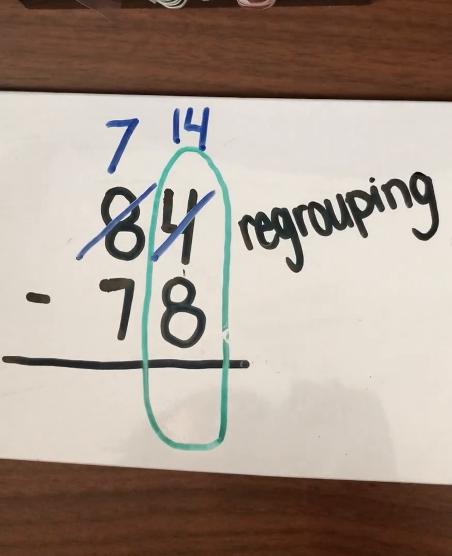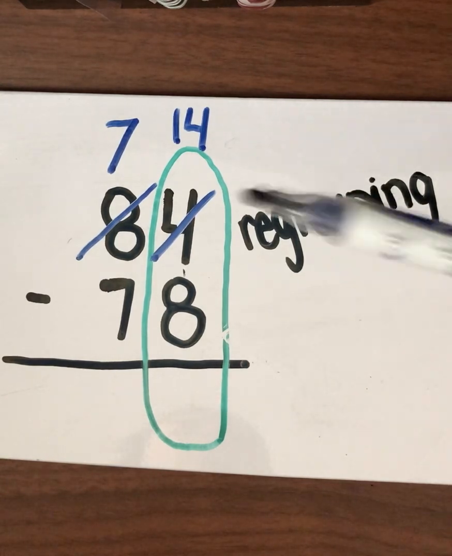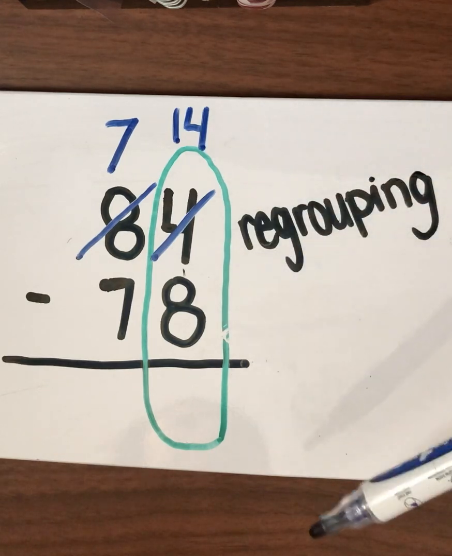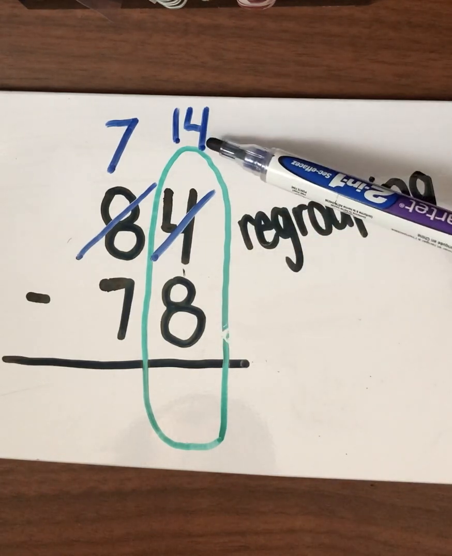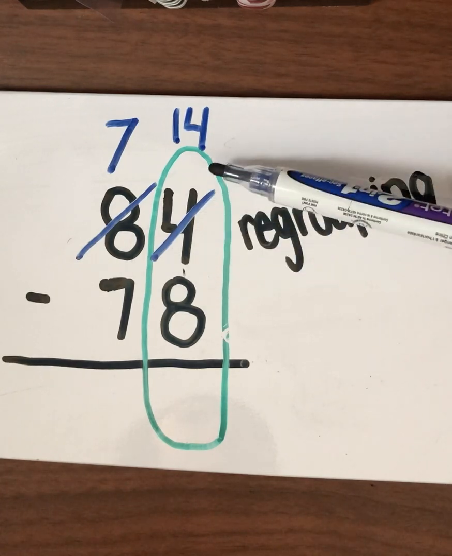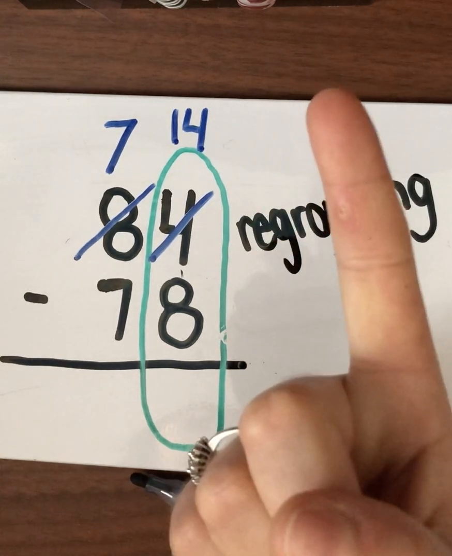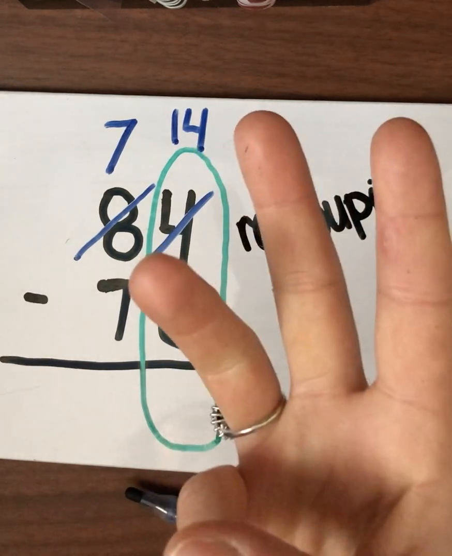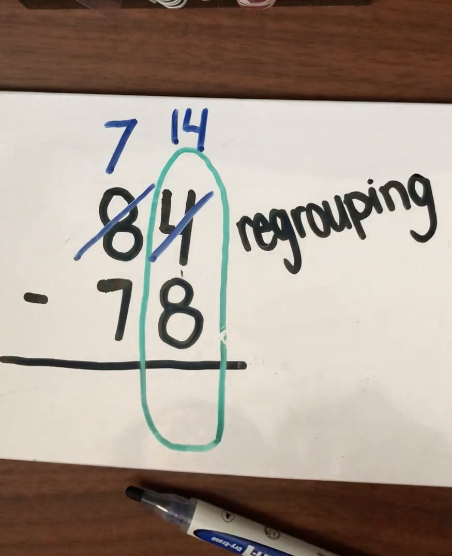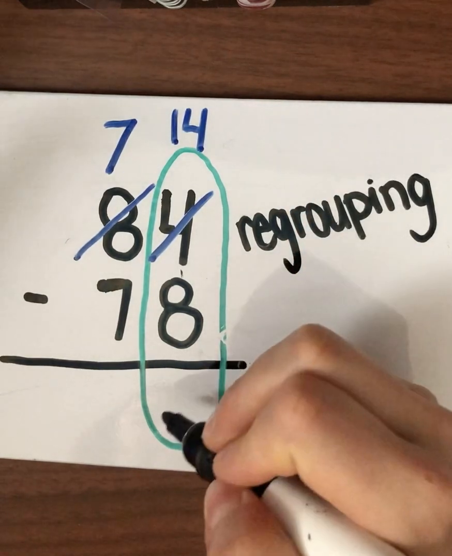But what this has done now is we're now able to subtract because 14 is bigger than 8. So now we can do our subtraction strategies. I'm going to count up from 8 to 14. 9, 10, 11, 12, 13, 14, which gives me 6.